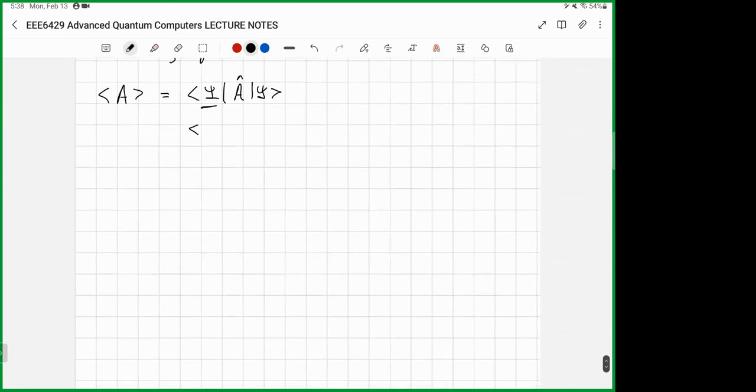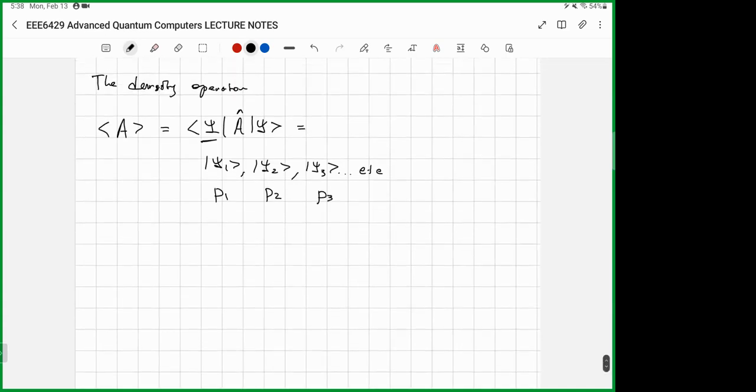We have a set of pure states with certain probabilities p1, p2, p3, etc. So the natural way to generalize this expectation value, well, expectation value is something that we measure in the lab.